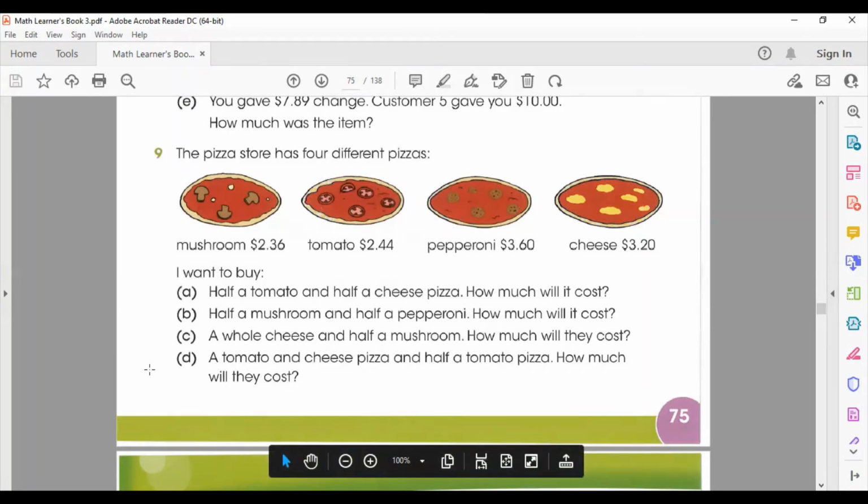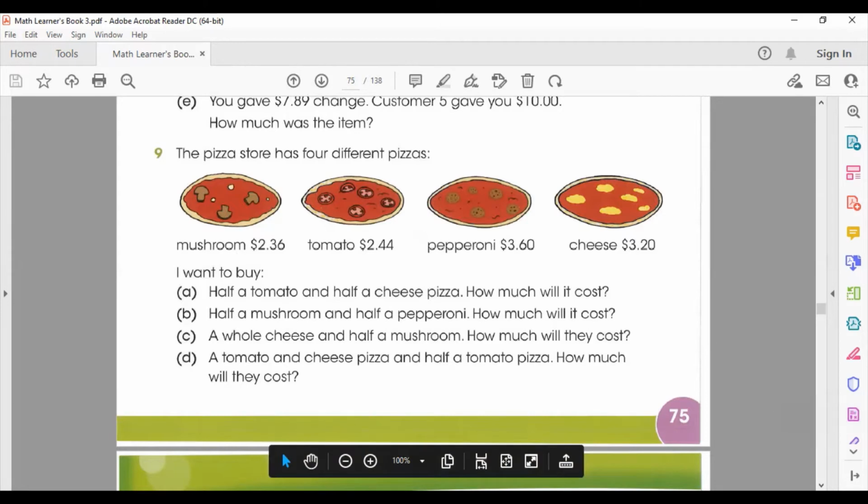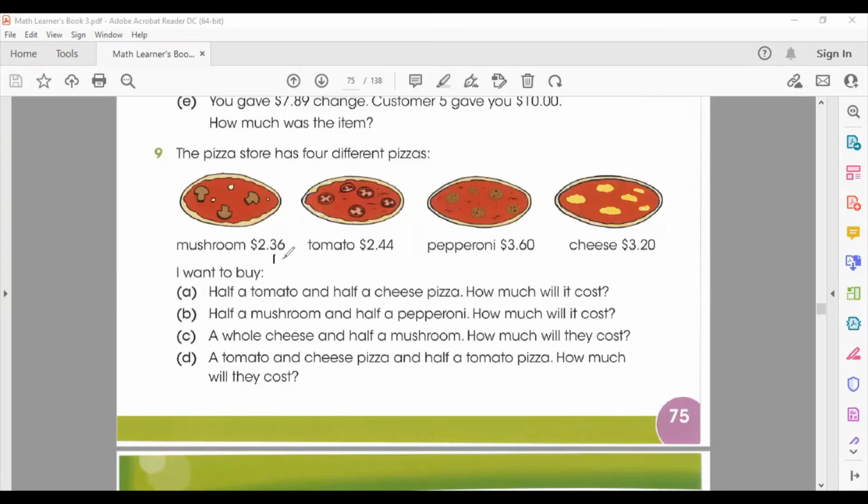Because the question is mostly about half of the pizzas, we need to make the price half. These are the prices for a complete pizza, so let us make half. What is the half of $2.36? Half of 36 is 18, and half of 2 dollars is 1, so $1.18.